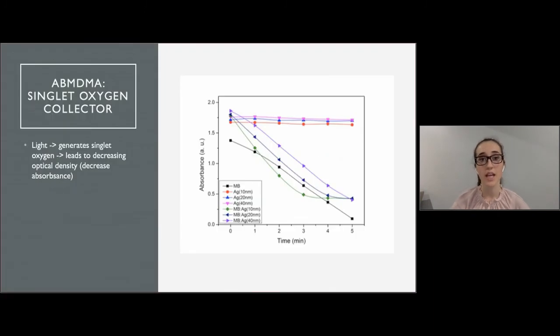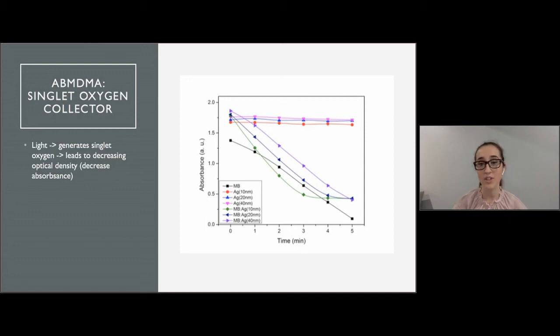We utilized ABMDMA, which is a singlet oxygen collector, to determine how much singlet oxygen was being produced from each one of the samples through light irradiation. We were able to see that the light generated more singlet oxygen whenever methylene blue was present. Whenever more singlet oxygen is present, this decreases the optical density, or the absorbance, of each sample.